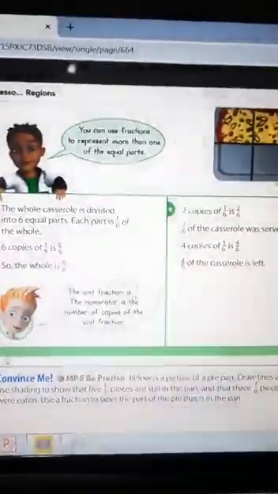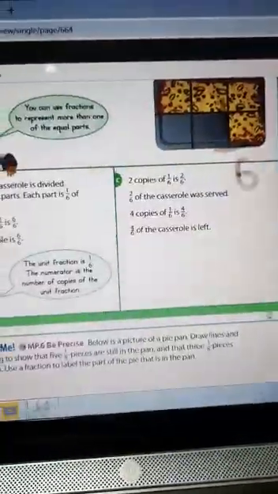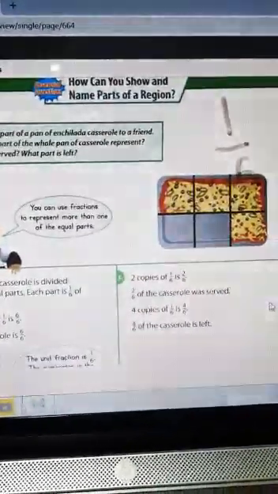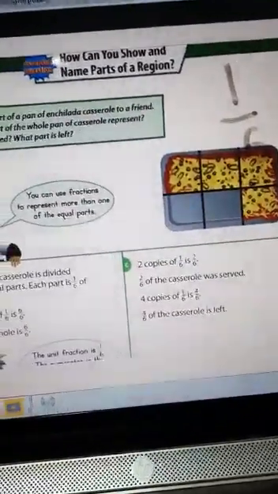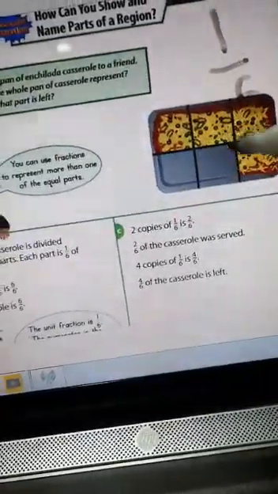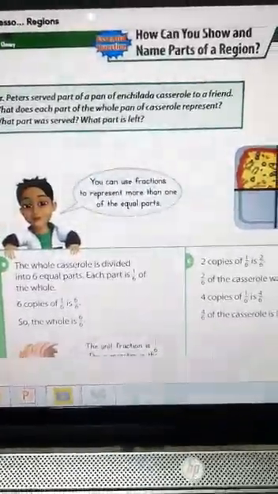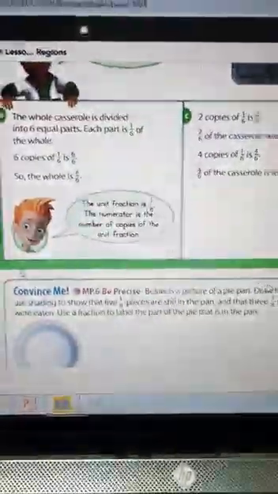How many eaten? 2. Okay. How many left? 4. Do you understand? As I told you, 1 of 6 in whole fraction, and because each one here is one fraction, 1, 1, 1, 1. So 1 of 6. How many eaten? 2. How many left? 4.